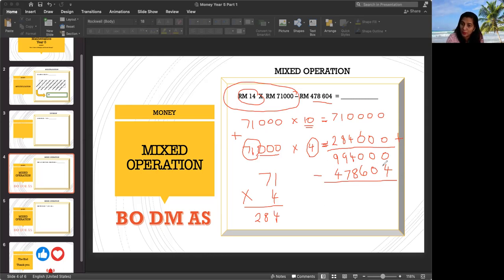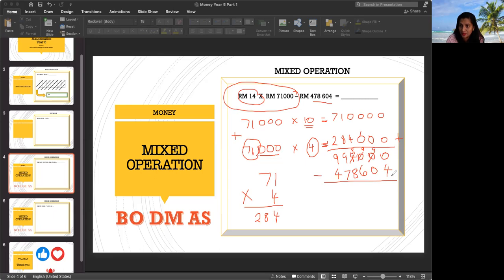0 minus 4. Please don't write 6. You need to borrow, and this is also a 0, you need to borrow, and this is also a 0, you need to borrow from the 4. So 4 becomes a 3. You give 1 here, it becomes a 9, because this fella has to give 1 to this fella. So this guy now is a 10, but since he has to give 1 over here, this also becomes a 9. And here we are left with a 10.